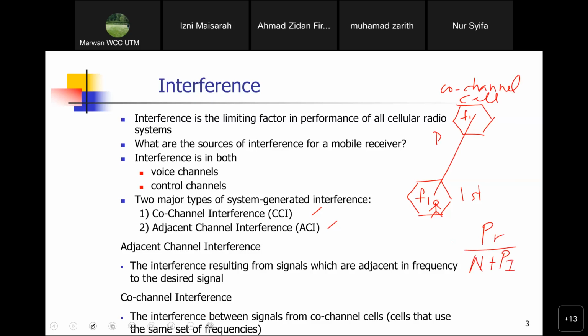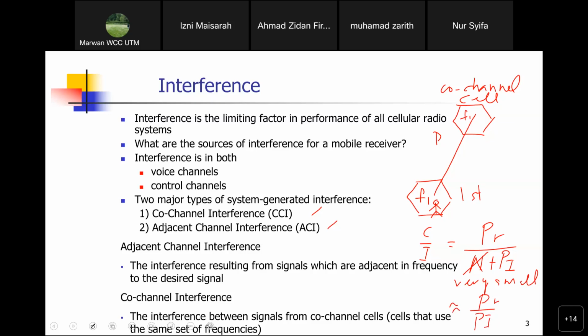So we are mainly looking at C divided by I. In our network, normally we assume noise to be very, very small, so we can approximate just to C over I, P_R divided by I: our received signal divided by the received power from the interference.